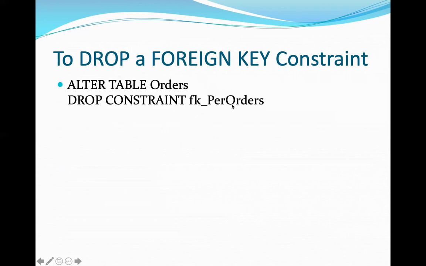So if it doesn't have the constraint name, we cannot do that. But if we think that later on we need to delete some of the constraints, always put the constraint name on it, so that you can later on use it for deleting or dropping that particular constraint.